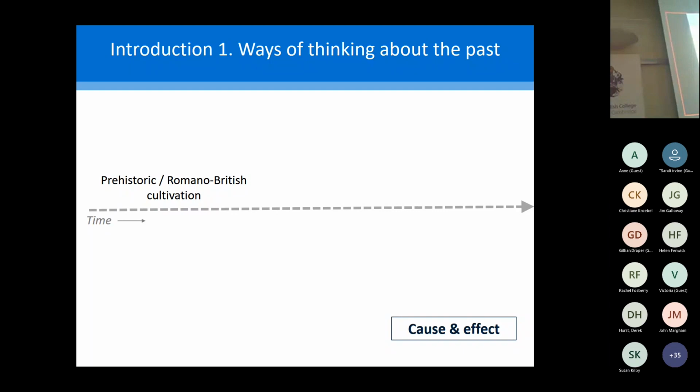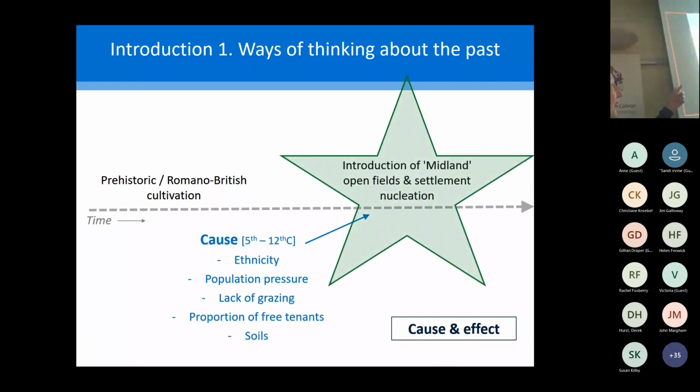And then one of a number of things happened, could be any one of those things, take your pick, and lo and behold, the Midland open field system and settlement nucleation were simultaneously introduced. Now, I don't intend to talk about any of those things, but if you'd like to ask me why I don't want to talk about them now, I'll happily talk to you about them afterwards.